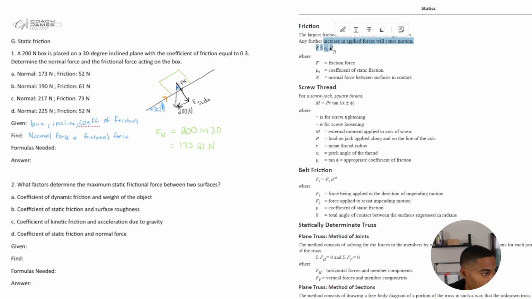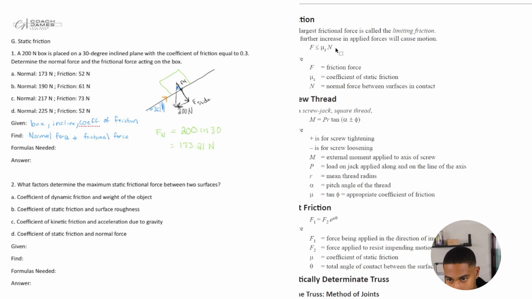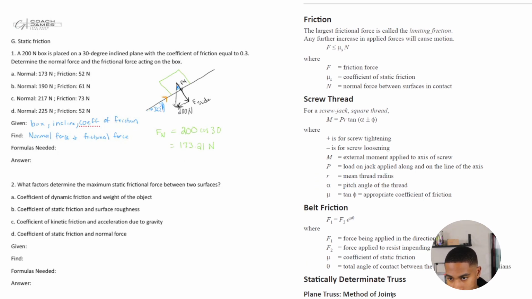Once you have your normal force, now we can go in and calculate our force of friction, or F. So F is equal to mu sub S times our normal force. We have our normal force, which is 173.21, and we have our coefficient of static friction, which is 0.3.